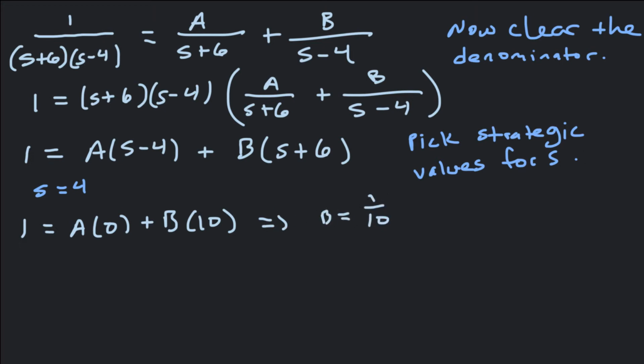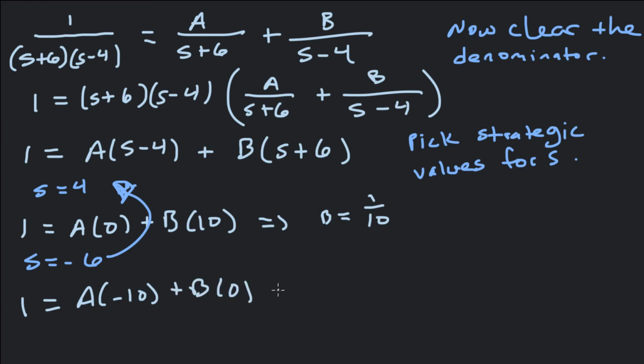Then I would pick s equals negative 6. Going back to the first equation and plugging in s equals negative 6, I get 1 equals A times negative 10 plus B times 0, and that tells me A is negative 1 over 10.